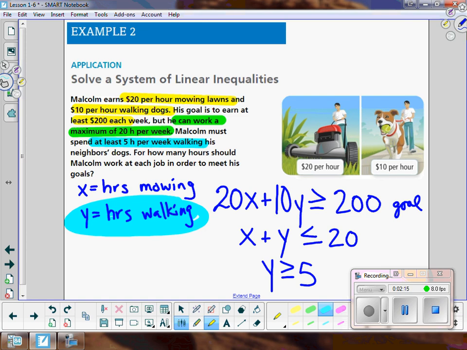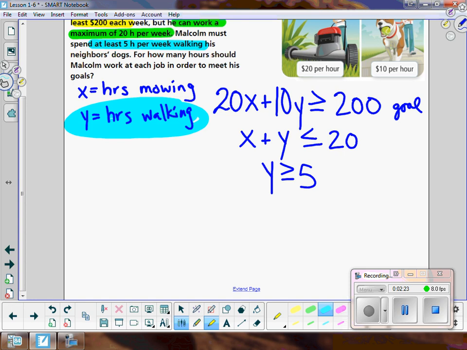Okay? So what we're going to do is try to graph all three of these in our graphing calculator. And to do so, we're going to put them all in y equals form. So I'm going to take this inequality, 20x plus 10y greater than or equal to 200, and get y by itself.